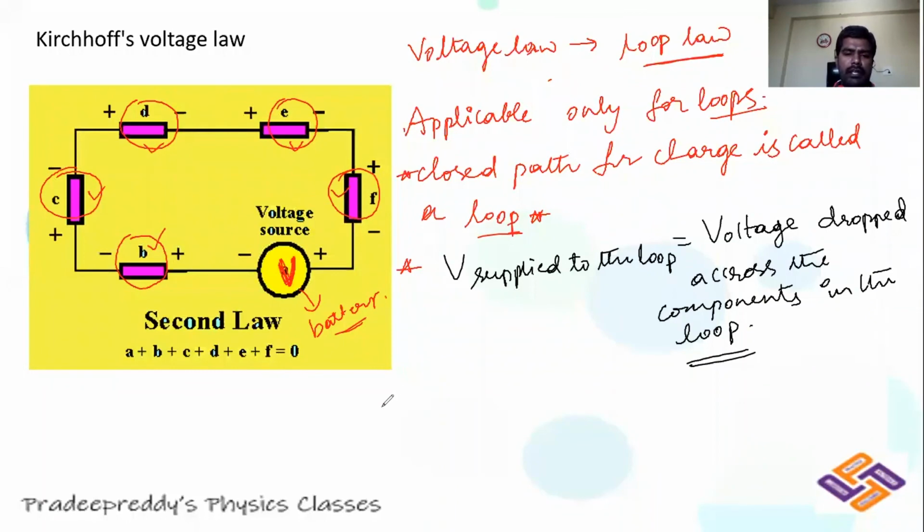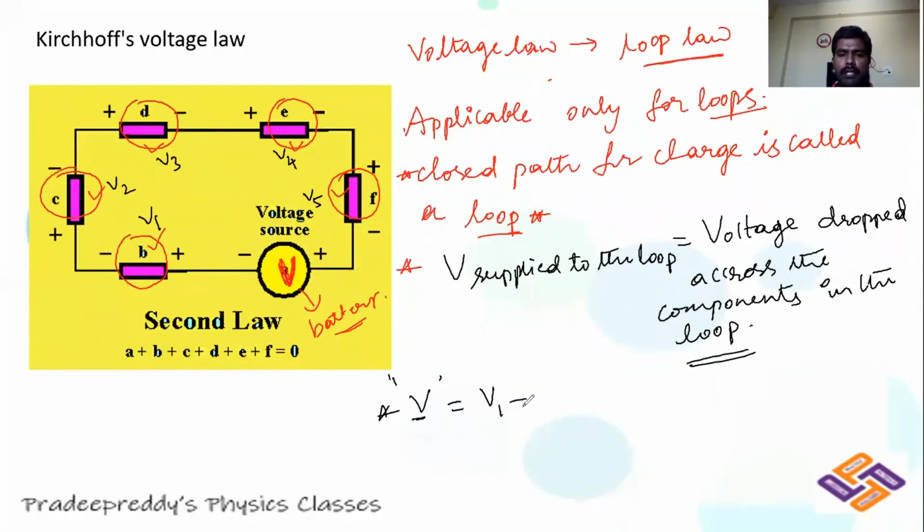So I'll write that total voltage supplied is equal to V. I'm considering this voltage source as V. So its potential supplied is V, and that is numerically equal to the voltage dropped across all these components. Voltage dropped across this component I consider as V1, then V2, V3, V4, and V5. So voltage supplied will be equal to voltage dropped across all the components.